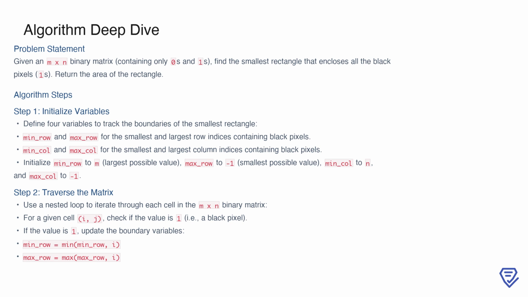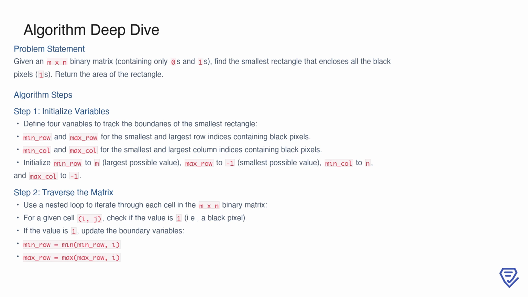Initially, we set min_row to the total number of rows m, and max_row to -1. Similarly, min_col is set to the total number of columns n, and max_col to -1. These extreme values ensure that as we find black pixels, the boundaries will adjust correctly.